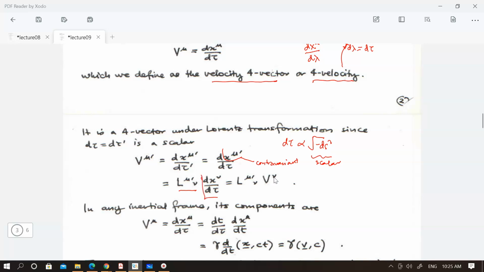But what is this now? Well, this is essentially your original 4 velocity. So the 4 velocity in the dash coordinates is related to the 4 velocity in the original coordinates by just a Lorentz transformation, and that tells us that this is a 4 vector. So this is fine.